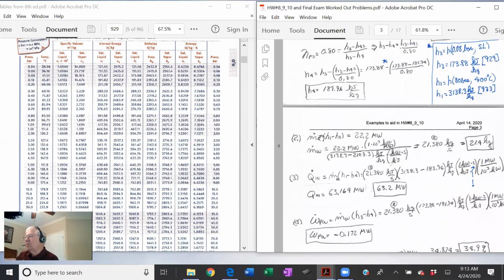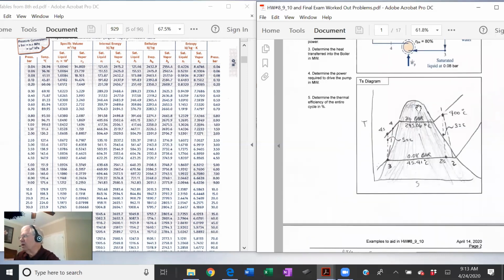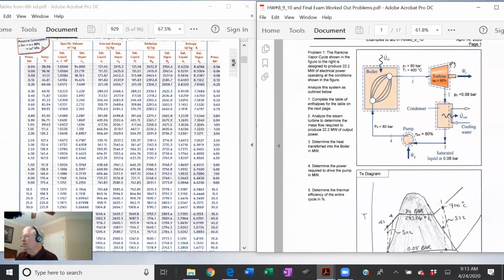The first thing it wants is the mass flow rate, and I put a W for water. So I write the energy equation about the turbine control volume, which is this right here. Remember, I've got the work coming out of it, state 1 coming in, state 2 going out, and the work of the turbine coming out.